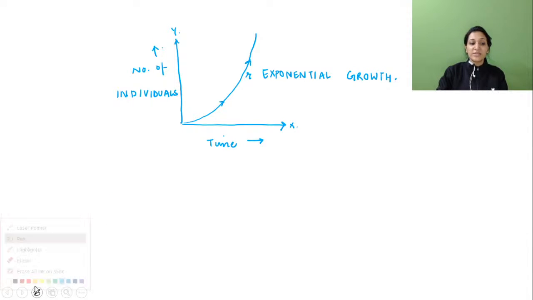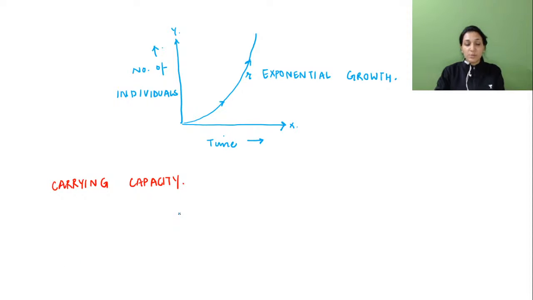But that is not the case always. The resources are limited. There is a certain carrying capacity of a particular environment that should be kept in mind. So another term that we need to know here is carrying capacity. Now, how is carrying capacity going to affect the growth rate?